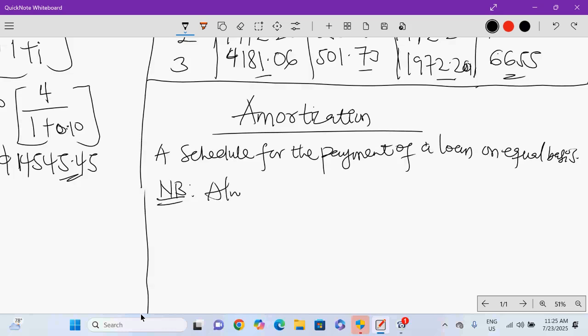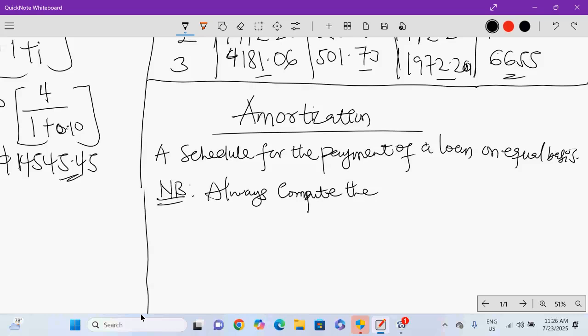So note, always compute the equal amount. The first one, sinking fund, is always to compute the equal amount using the future value.